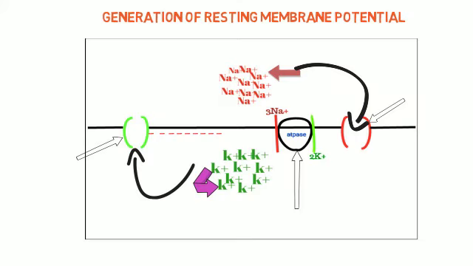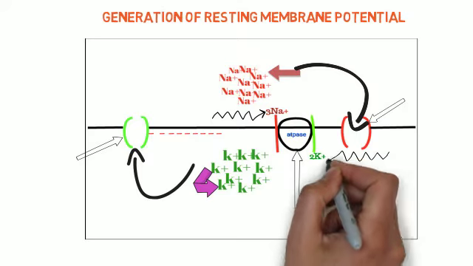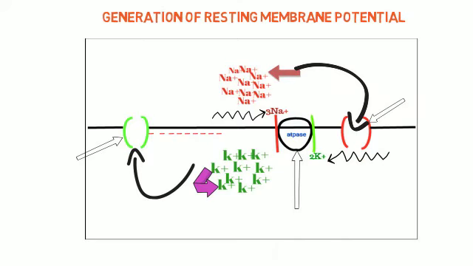This pump uses the ATP and it moves 3 sodium molecules outside and brings 2 potassium molecules inside. As a result of this, it brings a net negative charge inside the cell and will maintain the charge separation which was being interfered by the sodium coming into the neuron. So in this way, the resting membrane potential of about minus 90 millivolt is created.